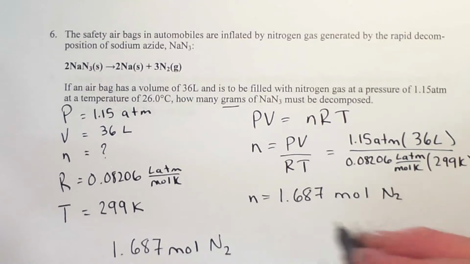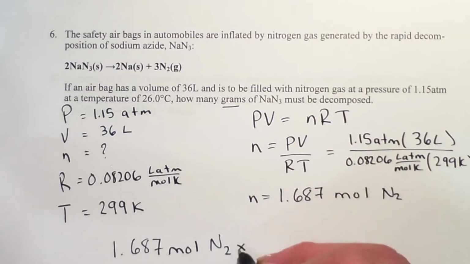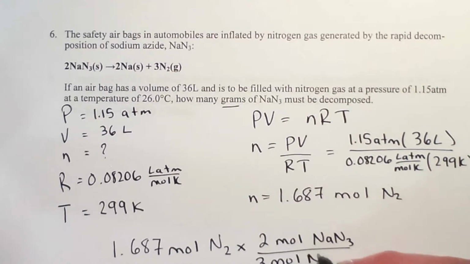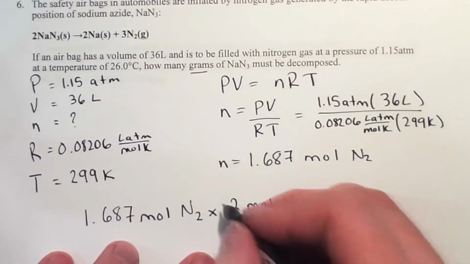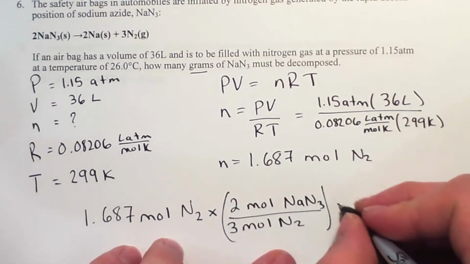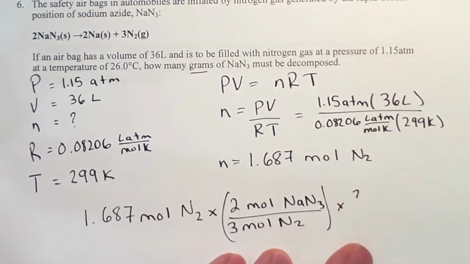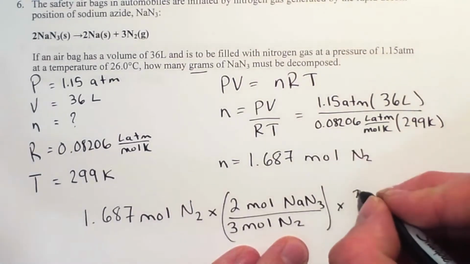Again, remember this is N2, times 2 moles of sodium azide for every 3 moles of nitrogen, times the molar mass of sodium azide, so 14 times 3 nitrogens, plus 23 is 65.